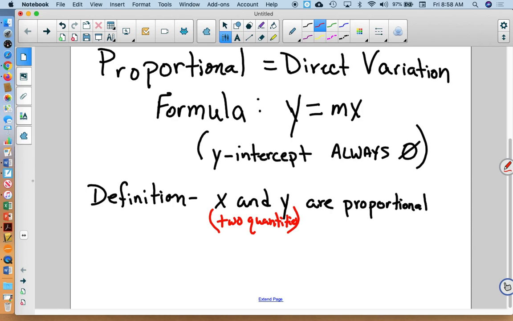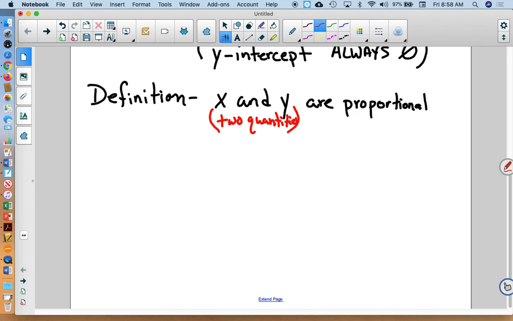The graph is always going to be a line. Okay, I said it, but we're going to go ahead and write it. The graph is a line that will pass through the point of origin, always.